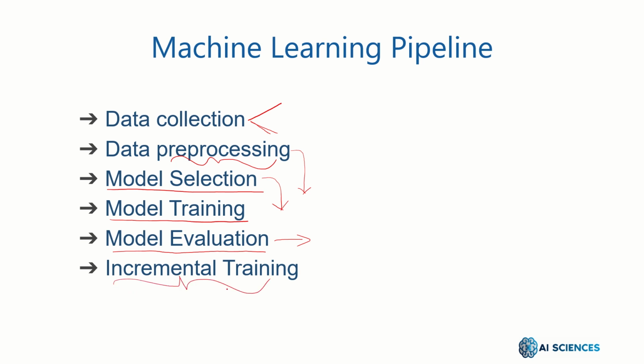Incremental learning normally happens, for example, when more and more data appears, and you need to utilize that data in training as well. So one form of incremental training is you collect more data, you pre-process more data, and now you want to utilize that data to improve your model training.